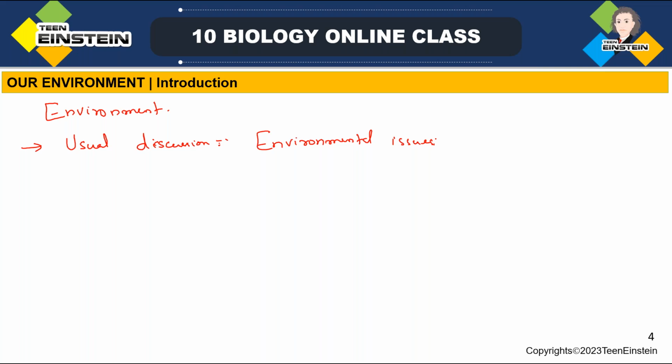There are some issues which are affecting our healthy environment, and what should we do? From your side, one child is initiating this. We won't throw waste material or cause pollution. From our end, what we can do, that much we will do. If one student is doing that, in your class maybe 30 or 40 students will be there.